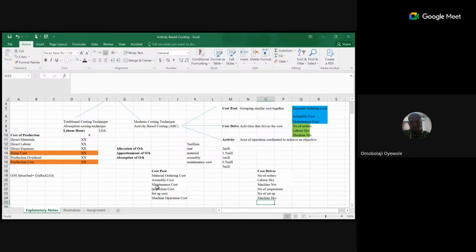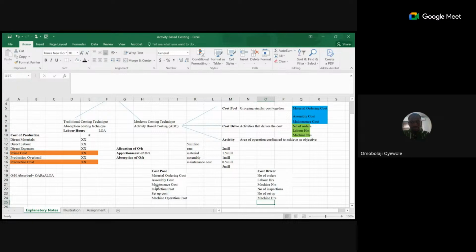Let's do a recap. We said that under the traditional absorption costing technique, production overheads are absorbed using a single overhead rate, taking into consideration the total overhead incurred for the period. It means that it doesn't give room for overhead cost to be broken down into different classifications.